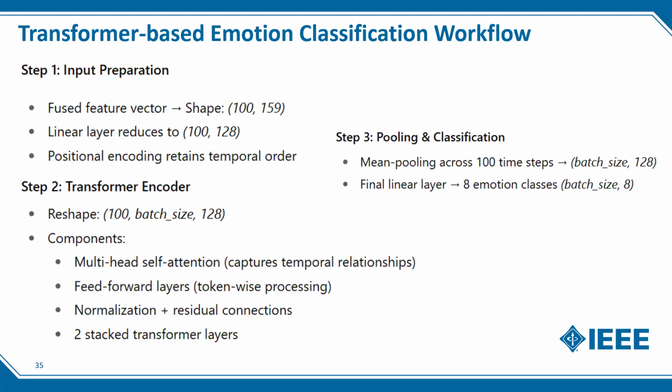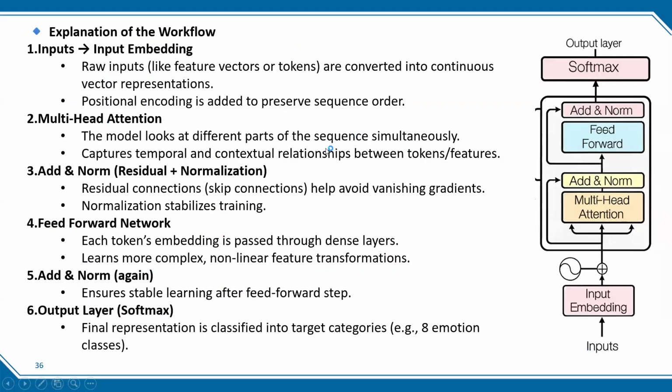Then the final linear layer converts the reduced data into probability scores for the 8 different classes, so that finally we get the probability score for each class. So this is the classification workflow.